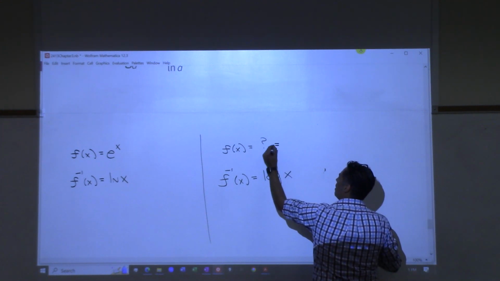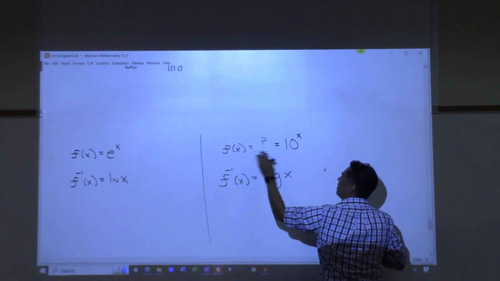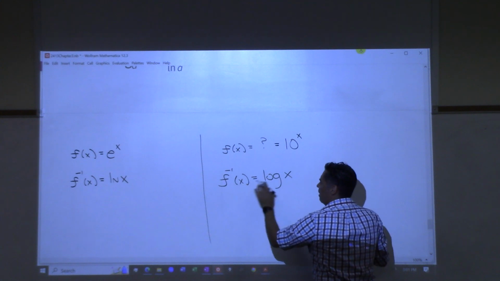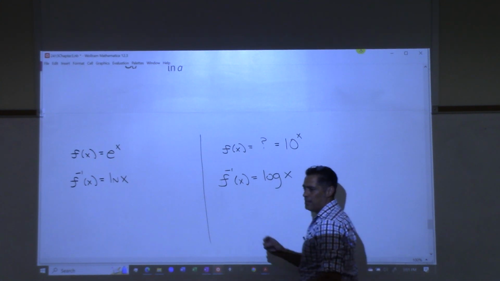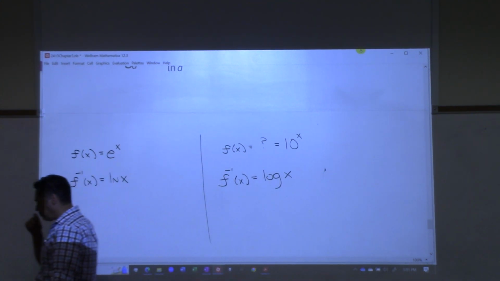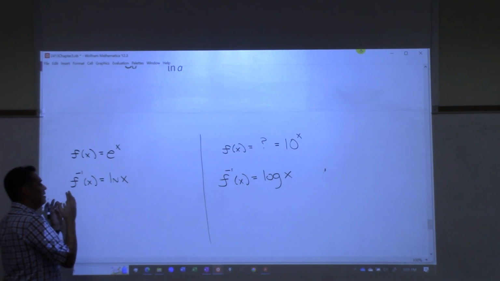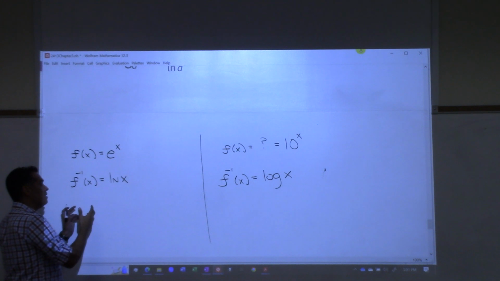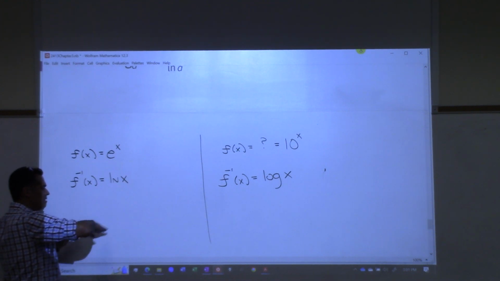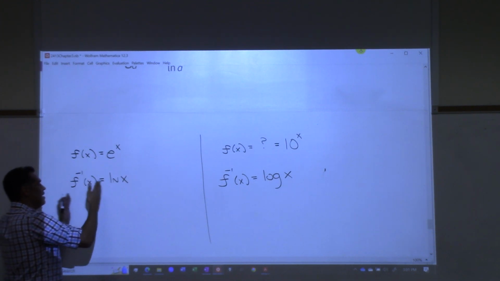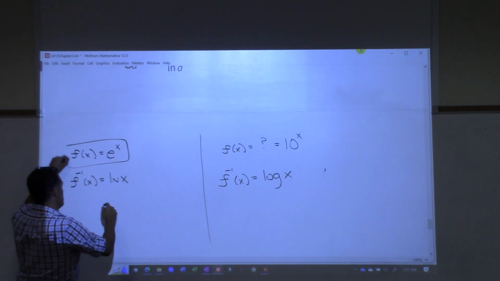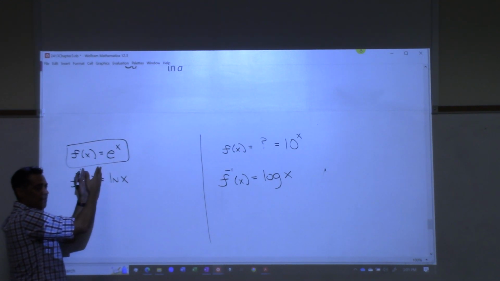So if f of x is 10 to the x, then if you say log of x, the base is 10. Now, this one is important to us because of the properties of calculus that I told you about, how the slope of the tangent line, like this is the only function, right? This is the only function that turns out to be its own derivative, all right?